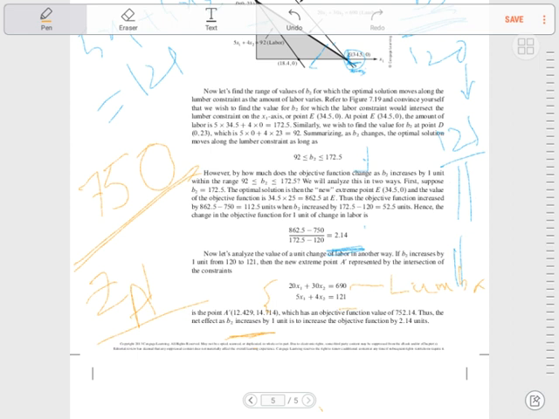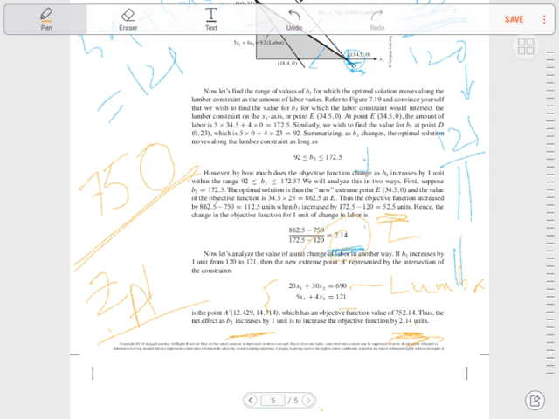So the increment per unit increase in the labor amount is 2.14, because I have increased only by 1 unit, from 120 to 121. Corresponding to that, the increment in the maximum value of the profit function is 2.14. So this is the net change which is occurring.